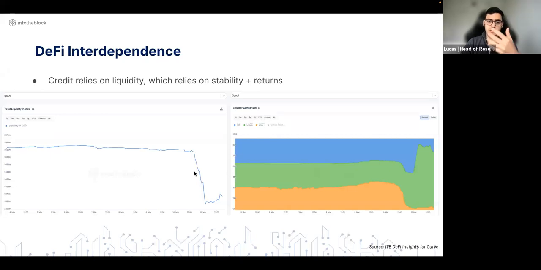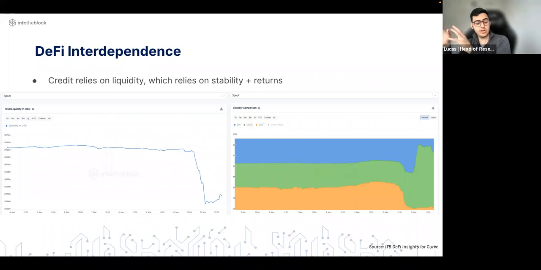At that moment, liquidation started being less profitable, and the pool became more imbalanced, which meant that people were withdrawing USDT first and then DAI, and the pool was primarily USDC, which also means that there's more slippage if you want to trade, like sell USDC for USDT. So it led to some worrying concerns over the weekend that fortunately didn't materialize, but shows just how reliant the lending protocols were on DEXs and their liquidity.